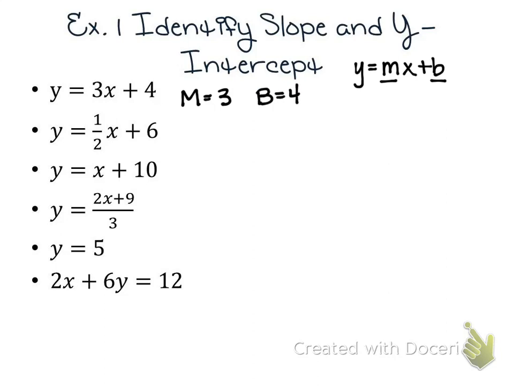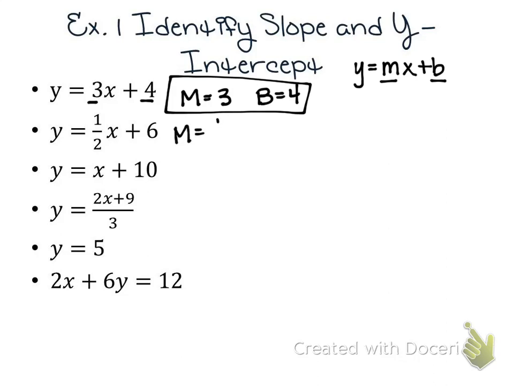So I've got y equals mx plus b. So I know that m is 3 and b is 4. Okay? And I just use m and b because those letters I know represent slope and they represent y-intercept. I don't need to write slope equals 3, b or y-intercept equals 4.